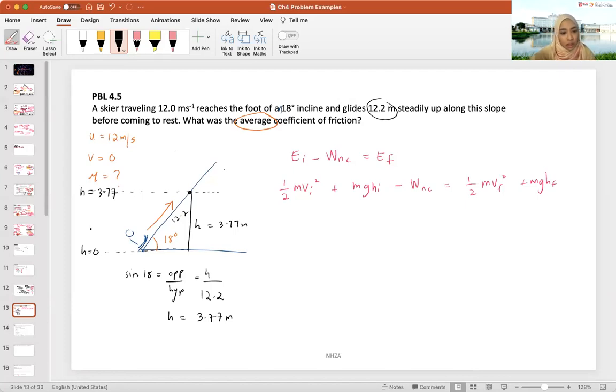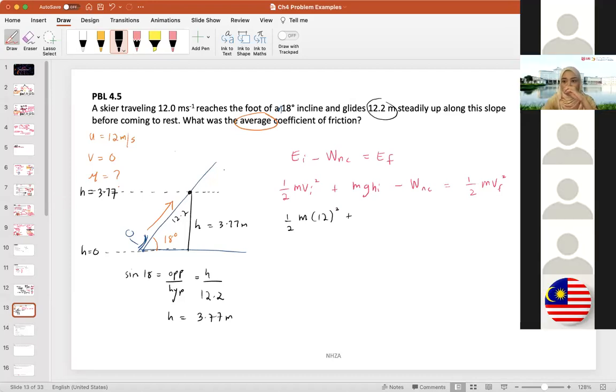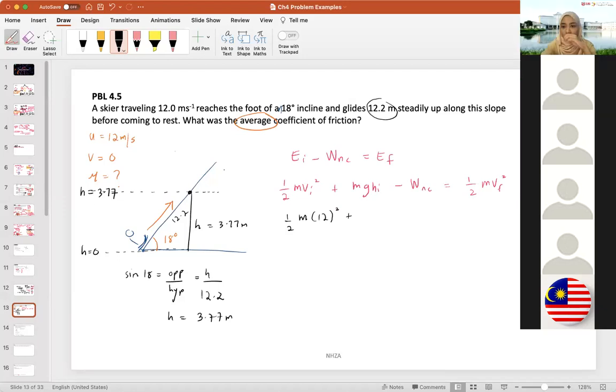Okay, so what else? Our U at this point is 12. Our V at this point is 0. So actually we can put in the values now. 1 over 2, we don't know what is the mass, M. U is 12 squared. And then M is... Mana tak bagi tahu mass eh? Oops. Haikal pula jadi pin ni. Pin my video.